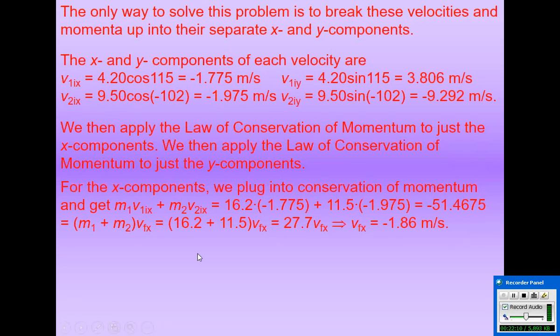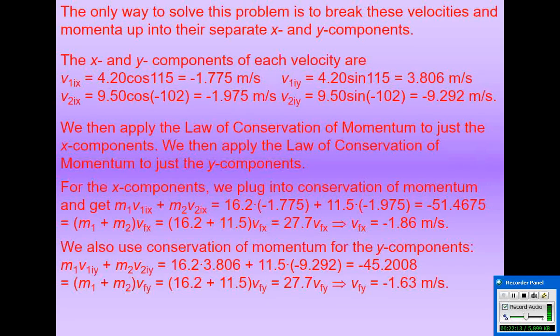We do the same analysis but with the y components. And it can be shown that the y component of the final velocity is negative 1.63 meters per second. You should ask yourself, do these values make sense?